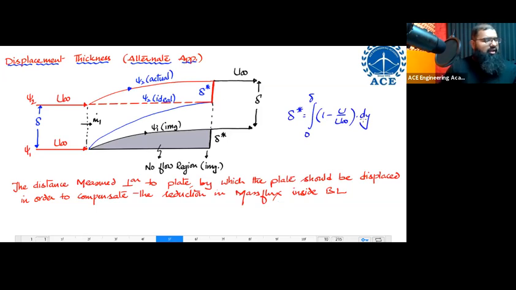Okay, you can take this snapshot quickly. Yes, both the formulas are going to give you the same answer. Both the ideas of the displacement thickness are going to give you the same answer.